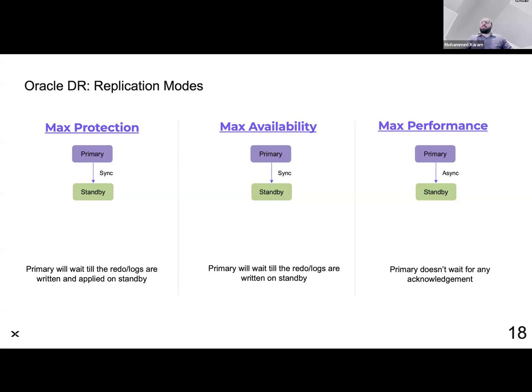For maximum performance, it's basically just an asynchronous send of the logs. You don't wait for either the logs or the transaction applied confirmation to come in that replication mode. So again, it gives you very high performance at that configuration, if you will, trade-off. Next slide, please, Jeremy.